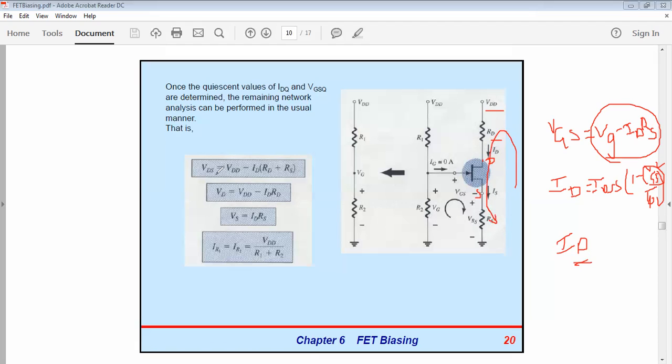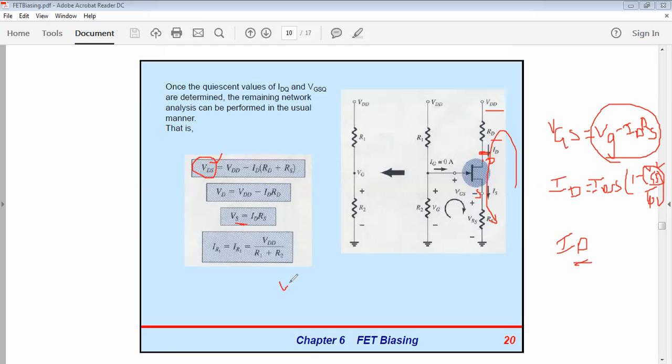Finally, VDS is equal to VDD minus ID into RD plus RS. So VD, we require only the drain voltage, that is equal to VDD minus ID into RD. And VS, the source voltage, IS, is ID into RS. Like that we derive the expression for VDS.